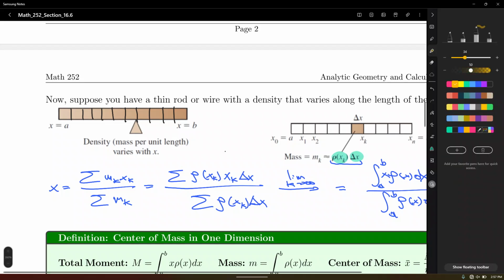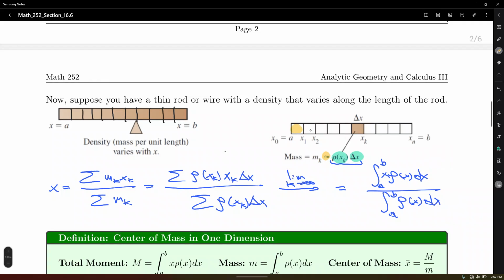Notice the approximate symbol. That's because we're just getting a finite partition. But if we wanted to get the actual mass, we would need to add infinitely many of these partitions. That's the whole story about Riemann sums at this point.